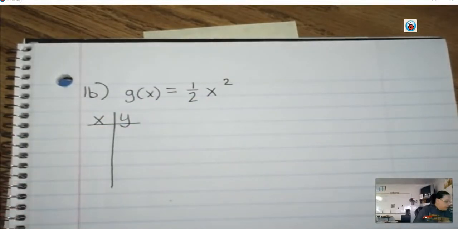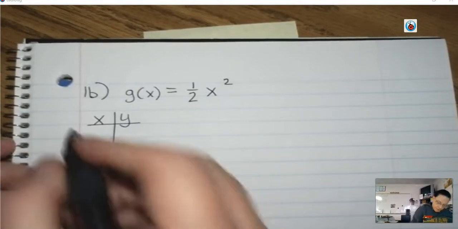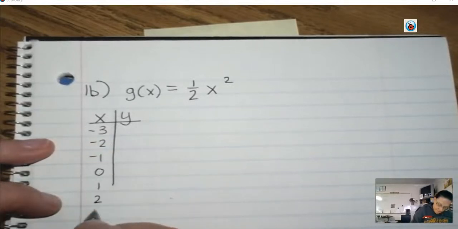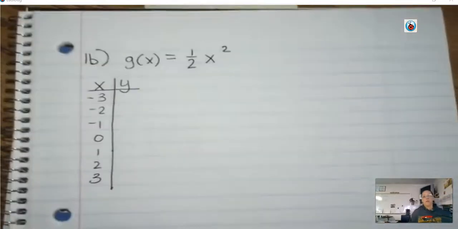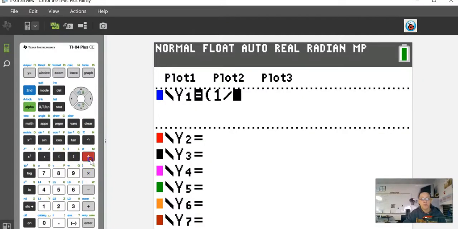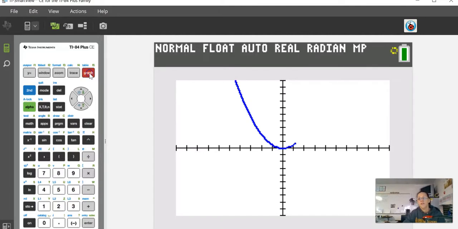These ones, let's go from -3 to +3. Okay, fill those numbers in. I'm going to put a half in parentheses. I always put fractions in parentheses. 1/2 x squared. First, if you look at the graph, it should be fatter.